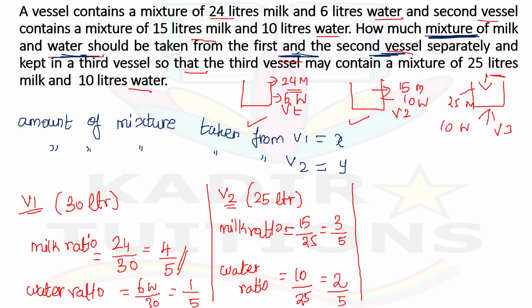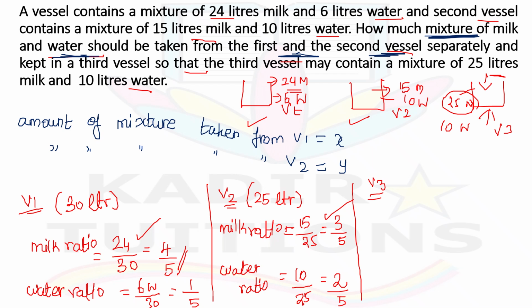Now from vessel 1 and from vessel 2 we are going to take the milk, and that is going to be equal to the milk in vessel 3. That is how we are going to define the equation.